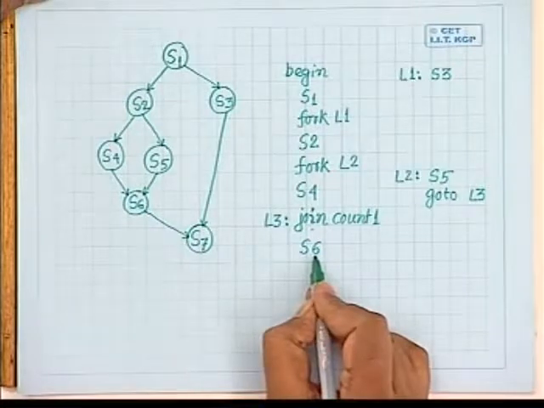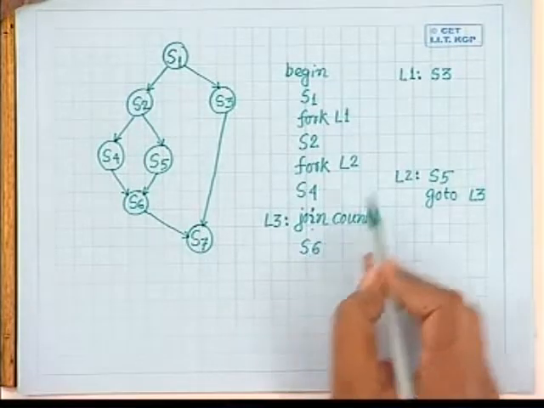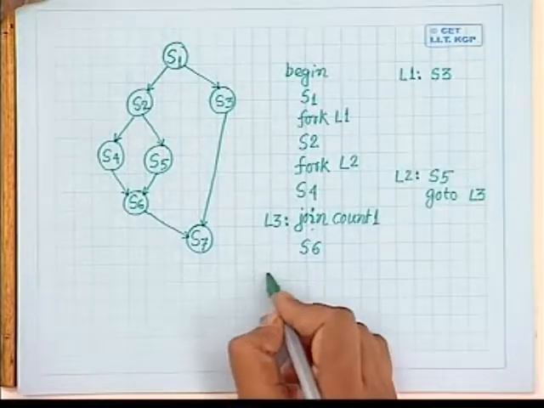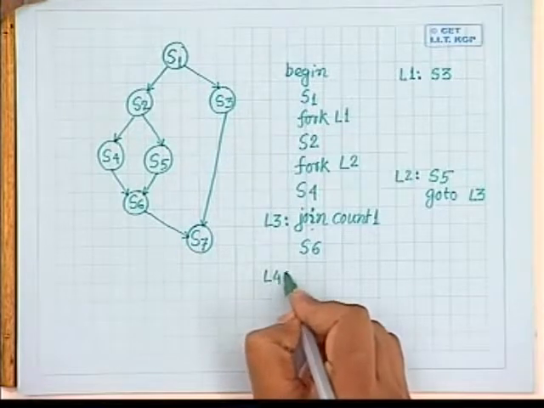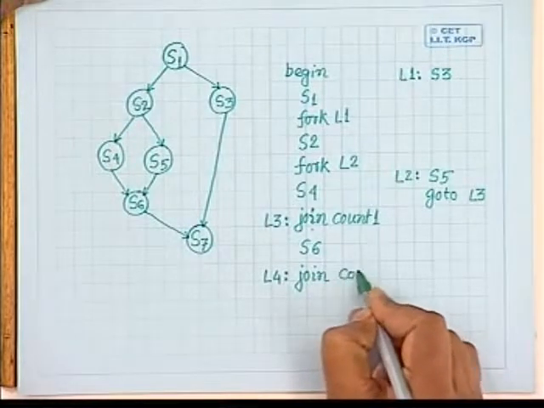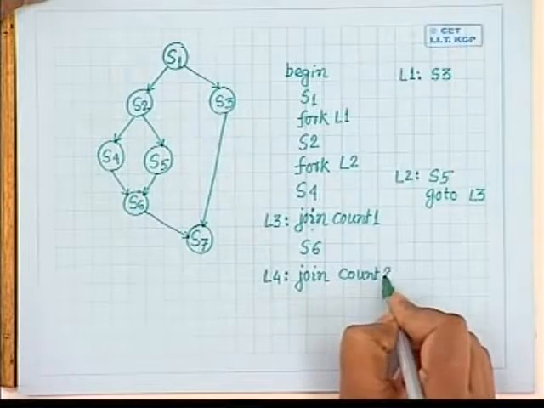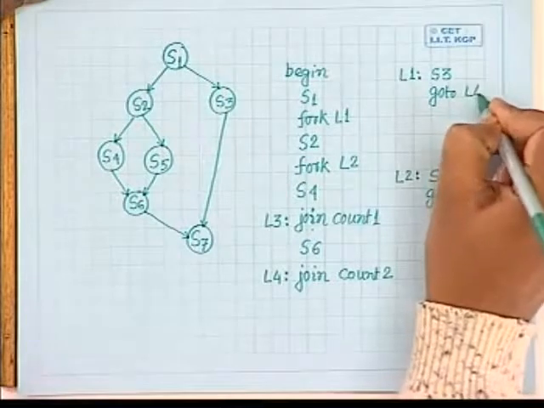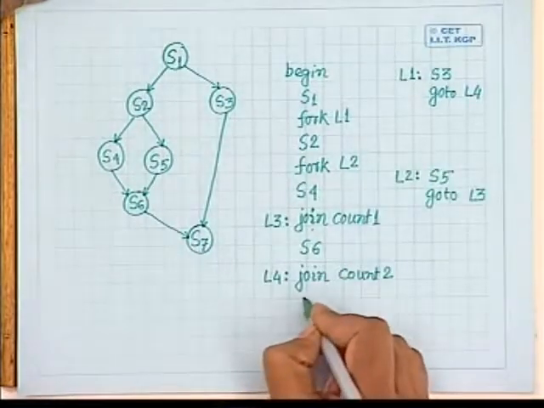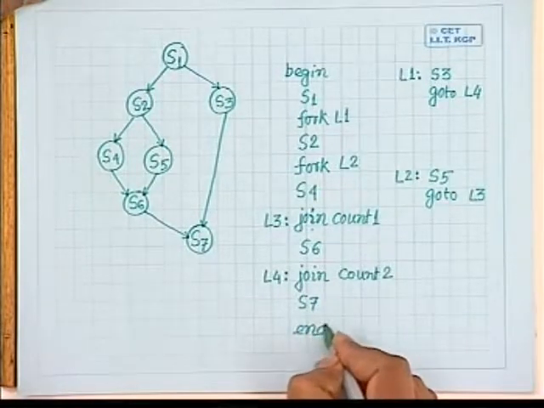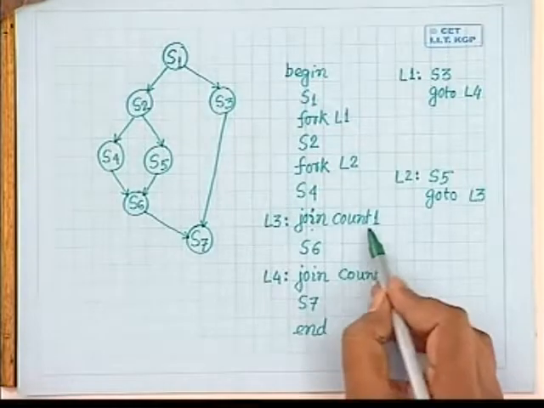After completion of S6, I have to combine two processes, one executing S3 and the one executing S6. So I'll put a label L4 with join count 2, and here I'll give go to L4. Then the final one will continue with S7, and then you come to the end of the program. So you find that I have to have two count variables, count 1 and count 2.